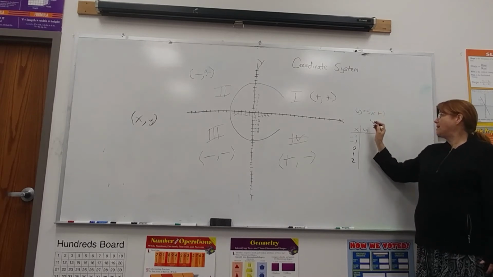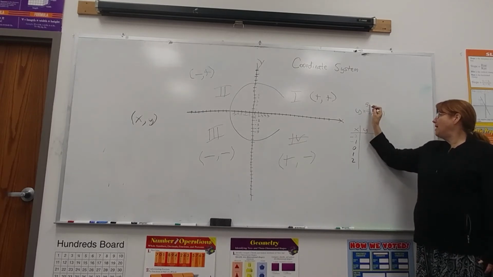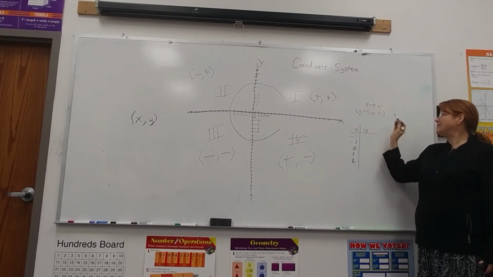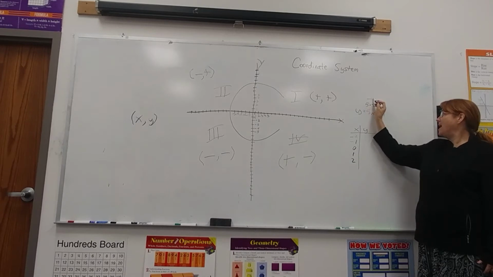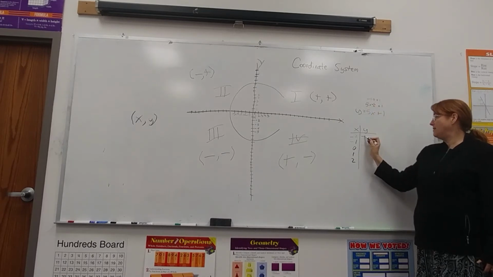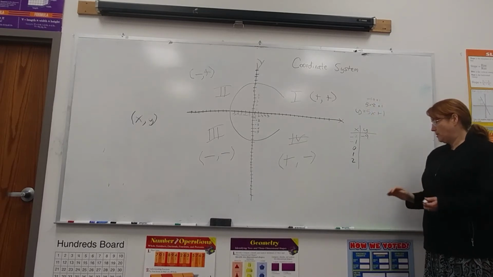So if we plug in -2, we have 5 times -2 plus 1. 5 times -2 is -10. -10 plus 1 is -9. So we do that again.